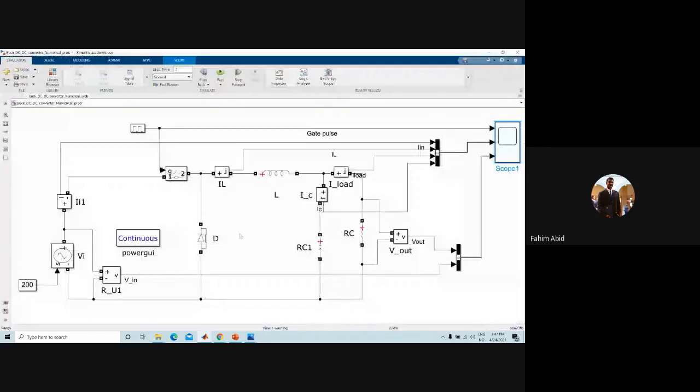That is what we're learning in this course: what should be the value of this capacitor. If you are asked to design a circuit like this, you should be able to calculate the value of the capacitor to meet your customer's need. For a certain load, there may be a requirement that your ripple voltage should be like this, and your capacitance value should be chosen in such a way that it meets the requirement.